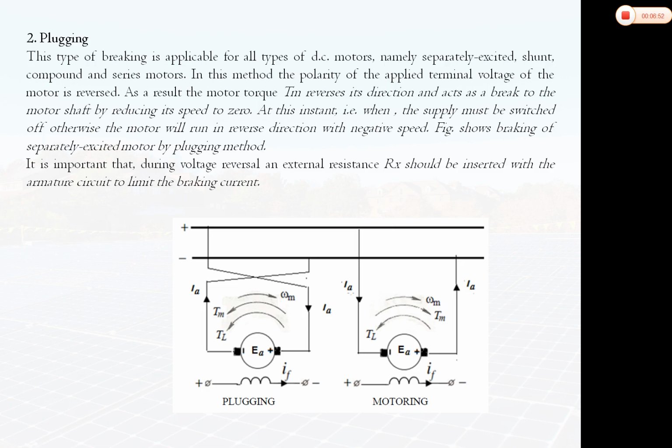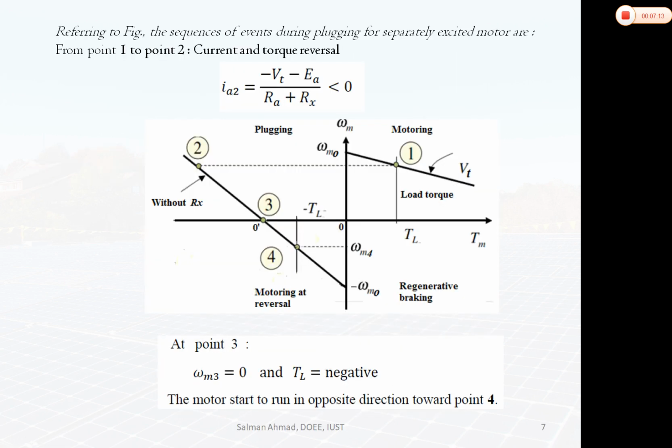Because the armature current is nothing but (V minus E) upon Ra. Here V becomes negative, so it is (minus V minus E) upon Ra, and that will be the armature current. That means current will become negative, so the current will flow from the motor to the source.